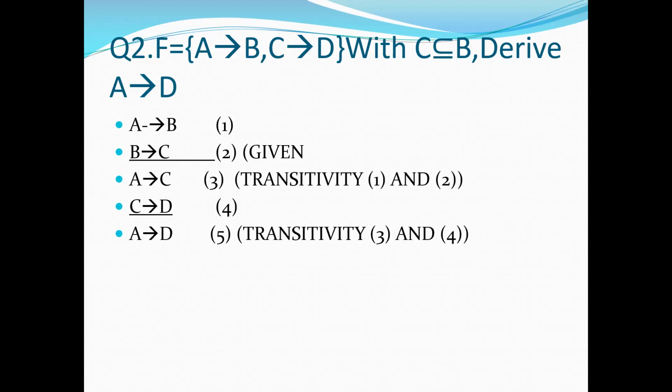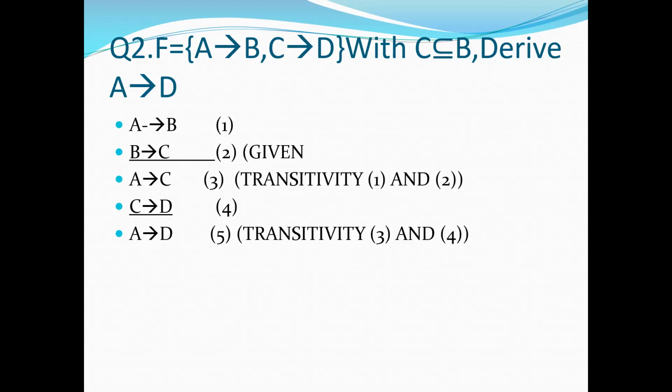So using the transitivity rule, we can derive A to C from A to B and B to C. And again applying the transitivity rule to the given functional dependency C to D and the derived functional dependency A to C, we got A to D.